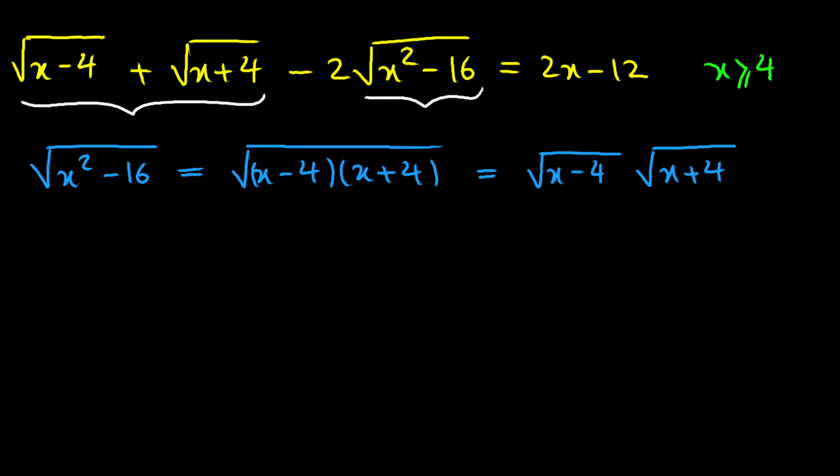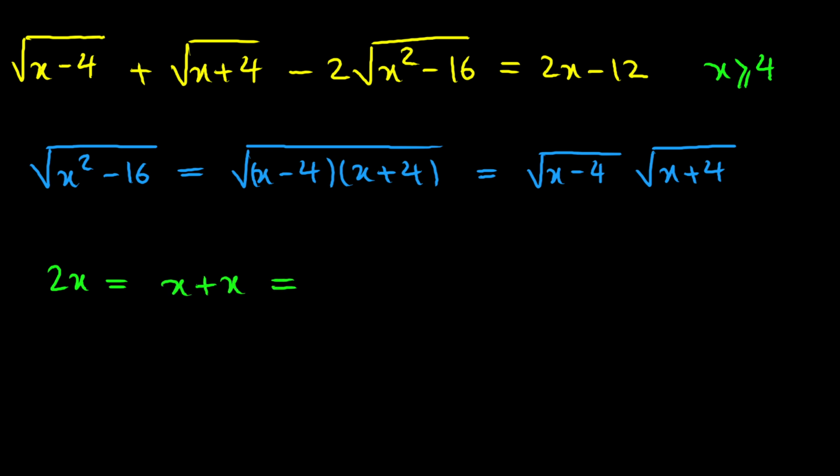So basically, we have the sum of these two numbers and their product on the left-hand side of this equation. And if you look closely, we will see that 2x, which is on the right-hand side, is actually the sum of their squares, because 2x is just the same thing as x plus x, and x plus x can be written as x minus 4 plus x plus 4.